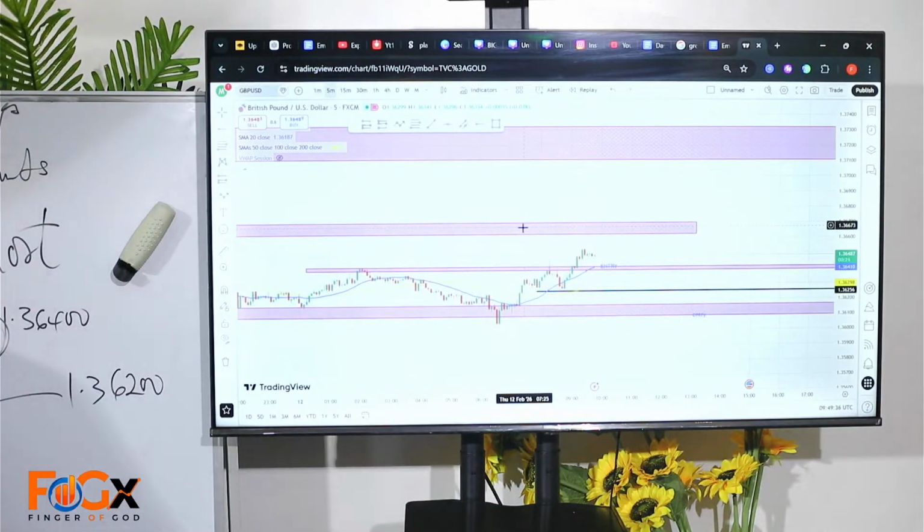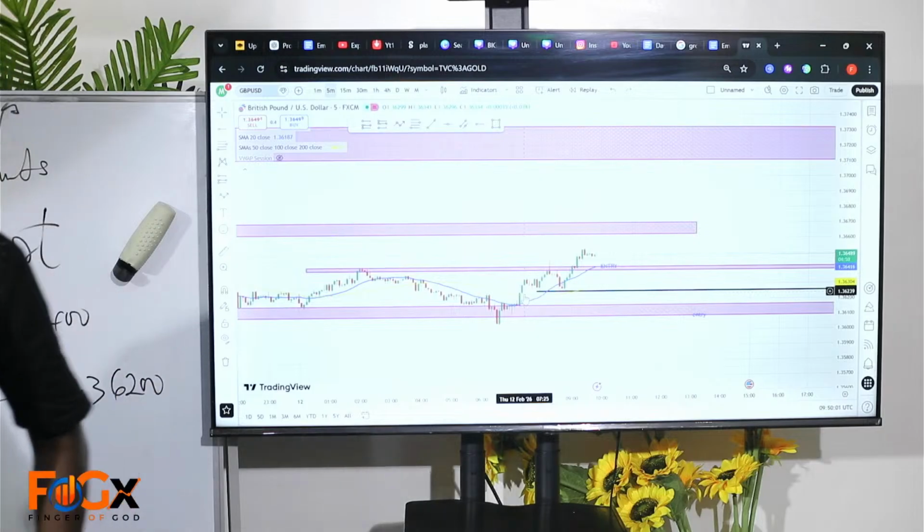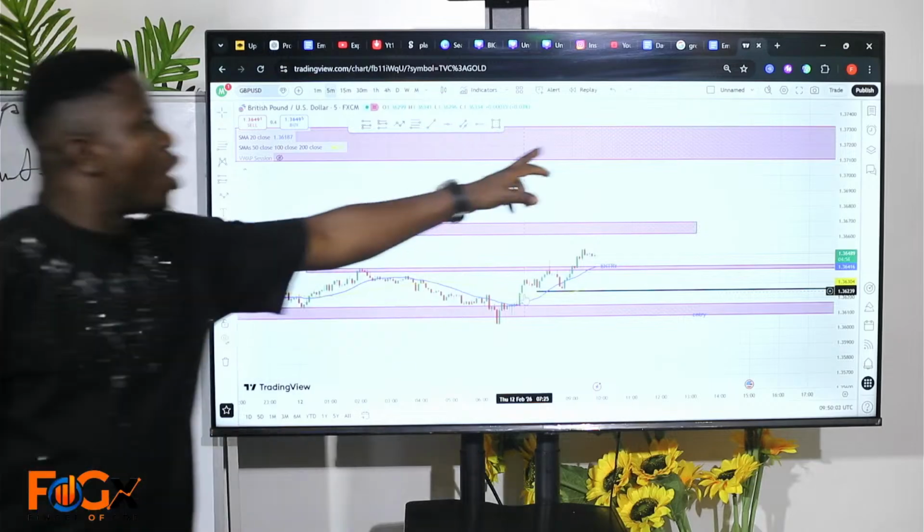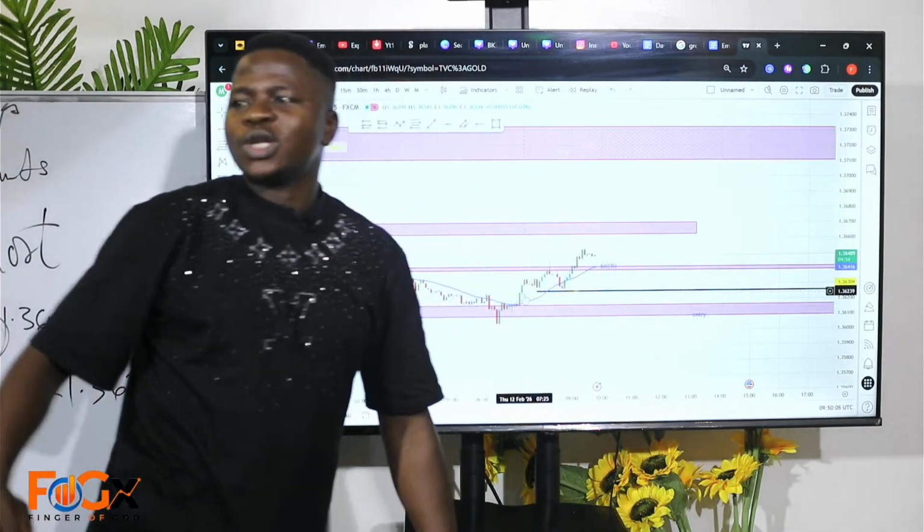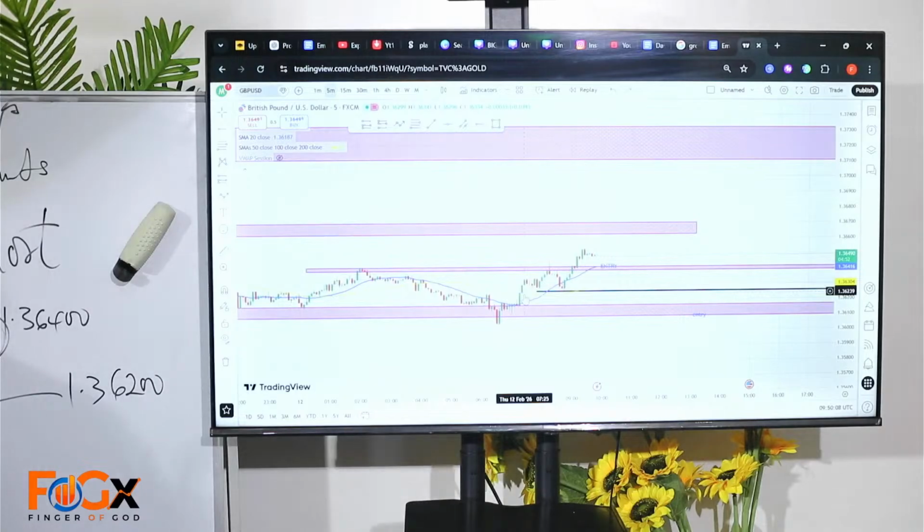Entry is 1.3641. Stop loss 1.3623. Take profit 1.37100. That means we have two trades.